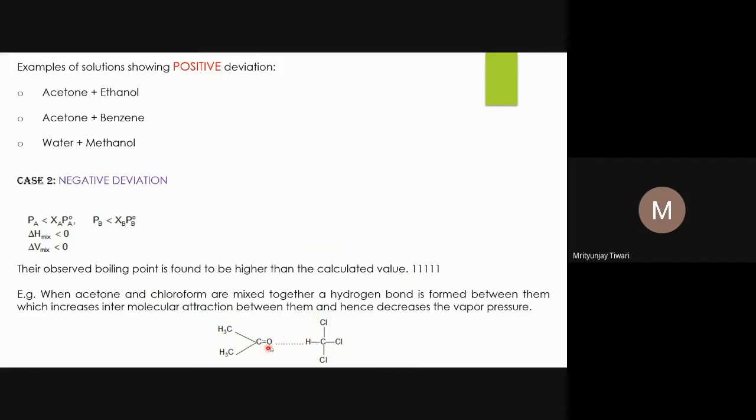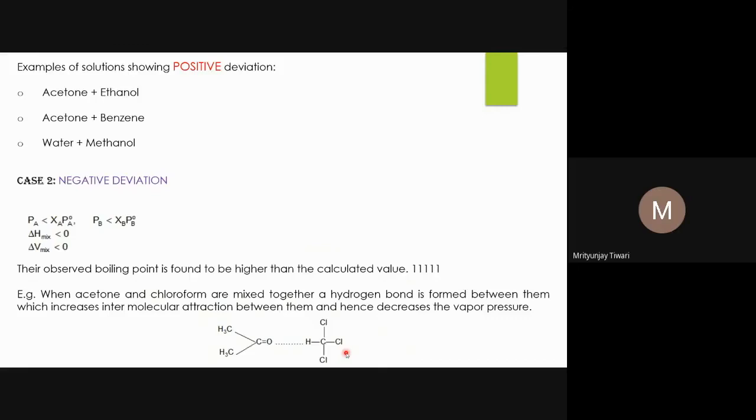So oxygen will have more negative charge, and that is spread over a smaller volume, and that is why oxygen is a stronger hydrogen bond acceptor. Oxygen of acetone is a stronger hydrogen bond acceptor than the chlorine of chloroform. And so this hydrogen bond between chloroform and acetone is stronger than the hydrogen bonding between two chloroform molecules.